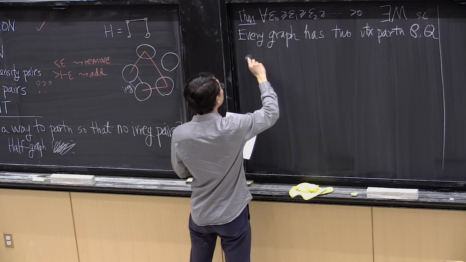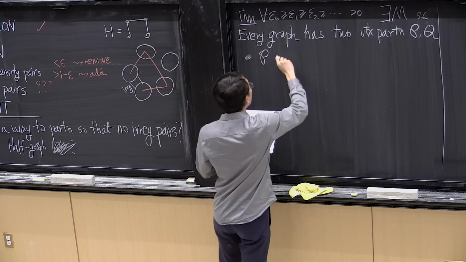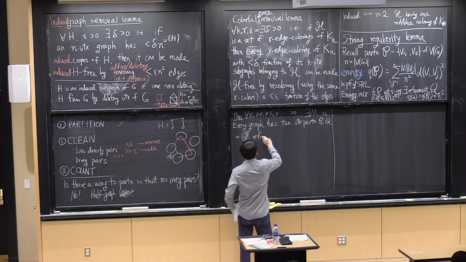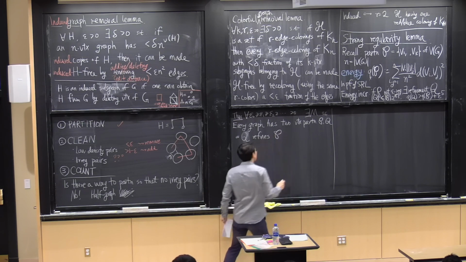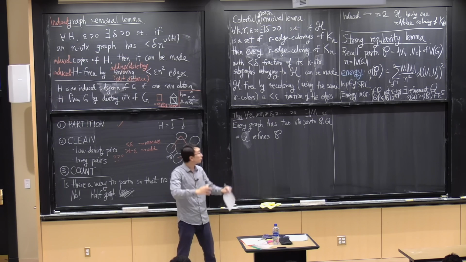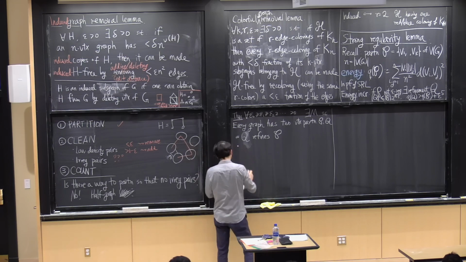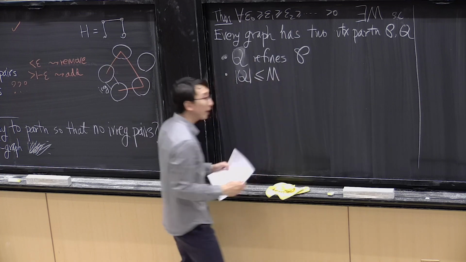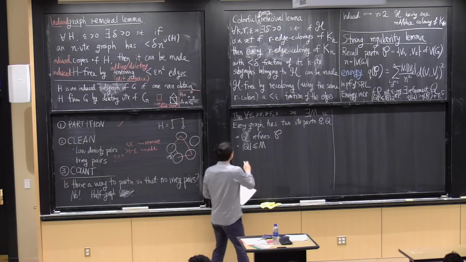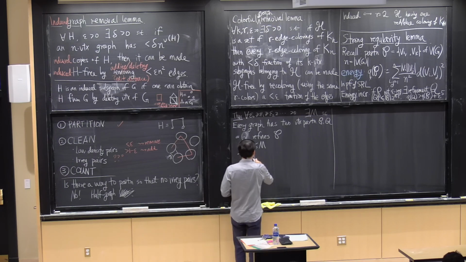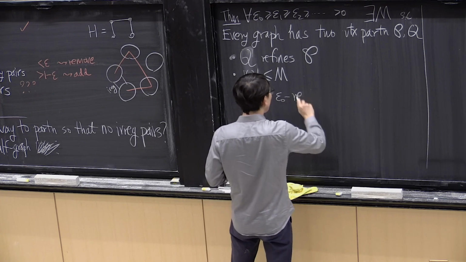Okay, so first, Q refines P. So it's a pair of partitions, one refining the other. The number of parts of Q is bounded, just like in the usual regularity lemma. The partition P is epsilon naught regular.